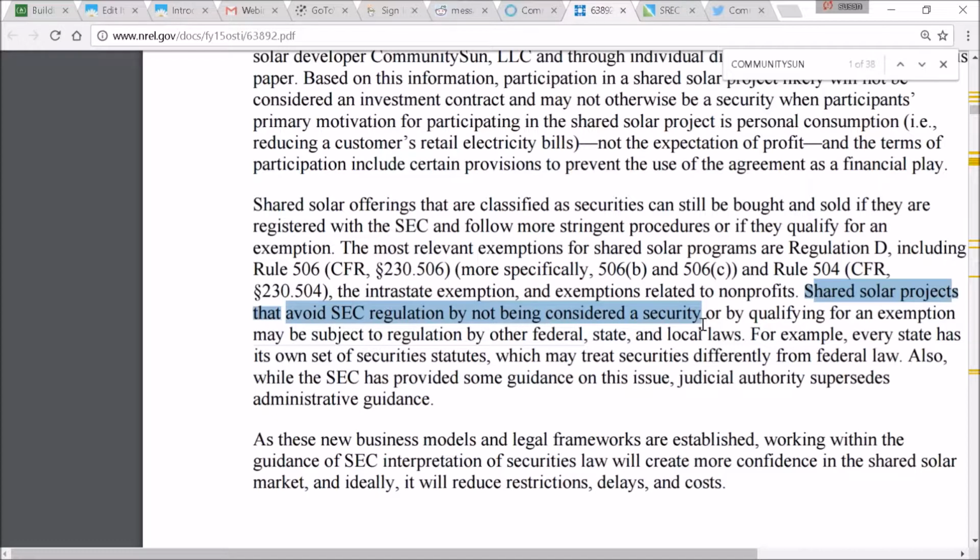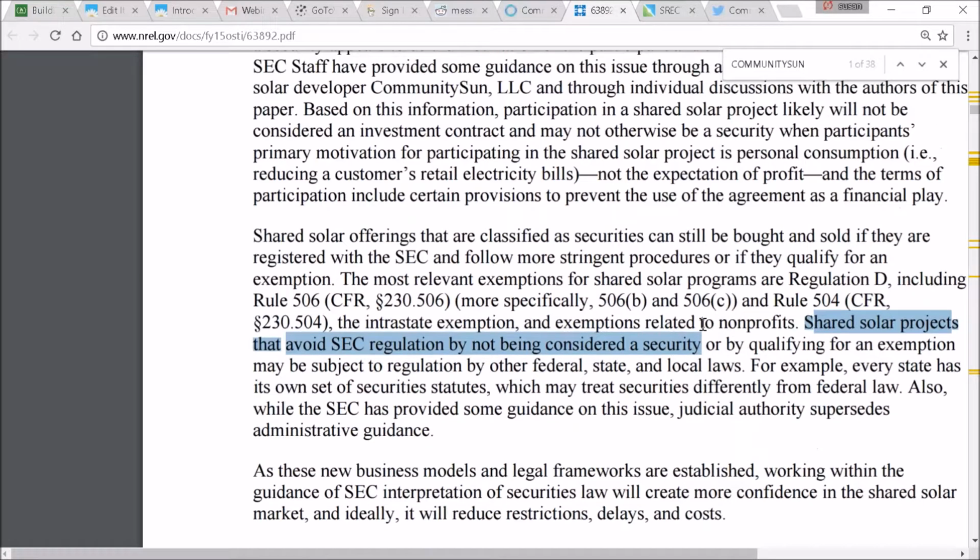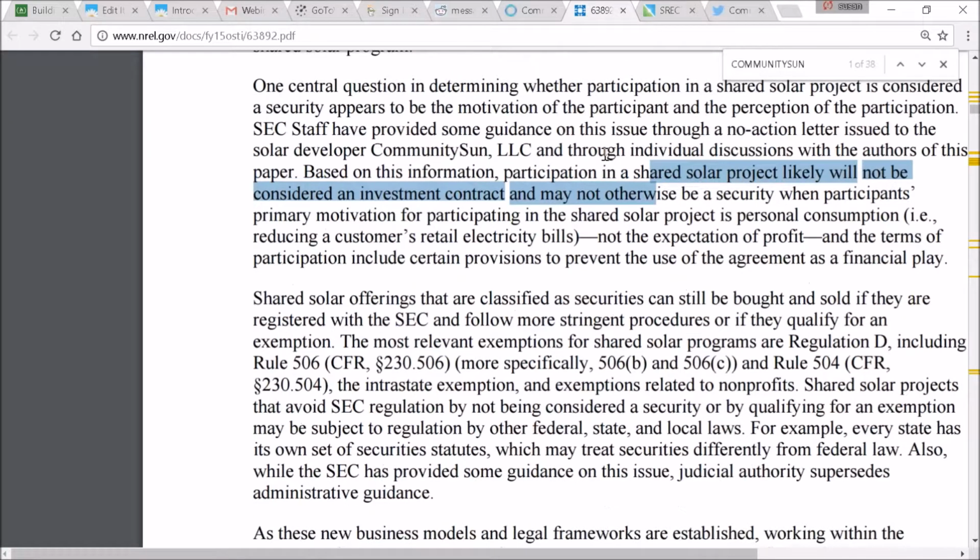And for greater detail on that, it says participation is not considered a security because it's not considered an investment contract.